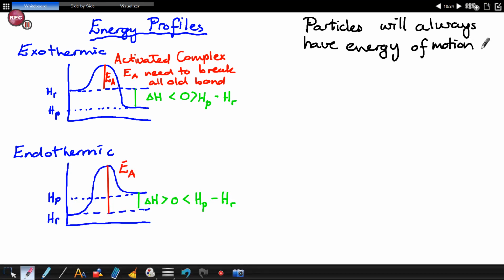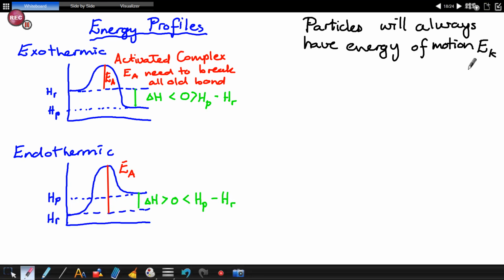Now, I know it might confuse you, but in chemistry we also have kinetic energy. So the symbol for that is kinetic energy. The particles of any substance is forever in a state of motion.